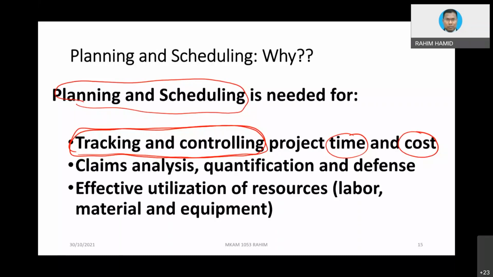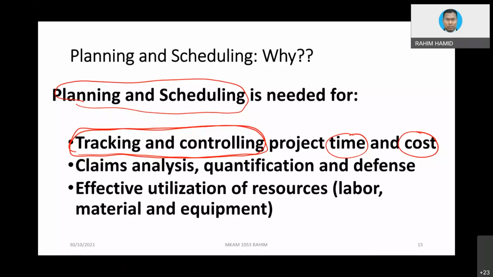Okay, now in the next slide, I'm going to show you an example of when we do have scheduling, and then later on how we know how many people are going to be used at that particular time, what number of machineries, etc. So that's what we call resource utilization.